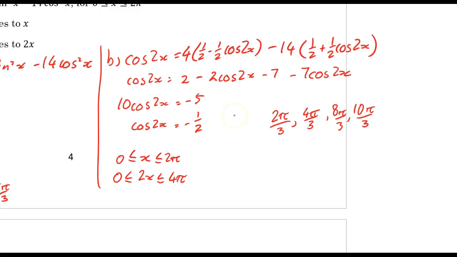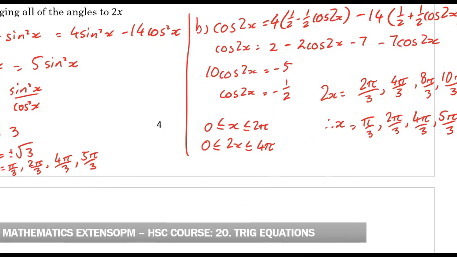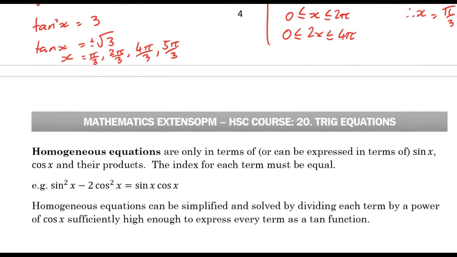So we're going to say here 2x equals this, so x equals the half of each of these, which is, of course, pi on 3, 2 pi on 3, 4 pi on 3, and 5 pi on 3, just as we got previously. Rightio? So, two different ways to solve the same question.